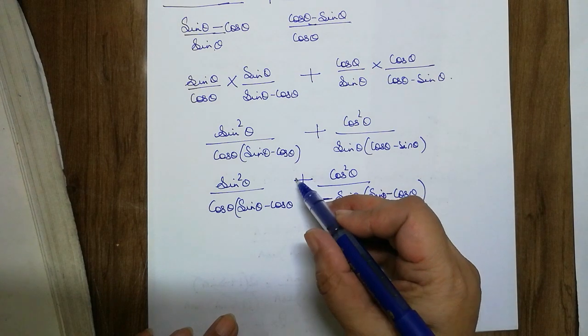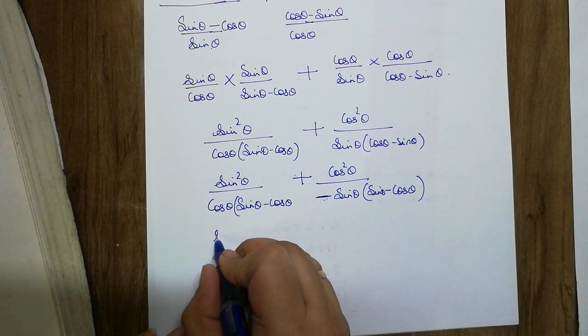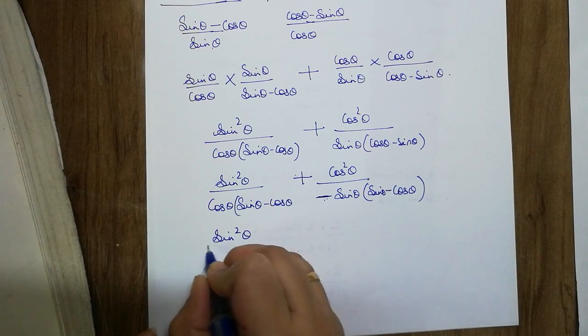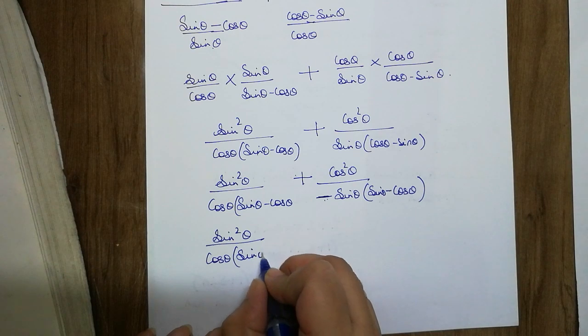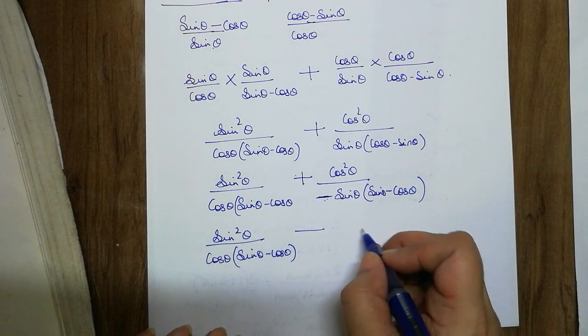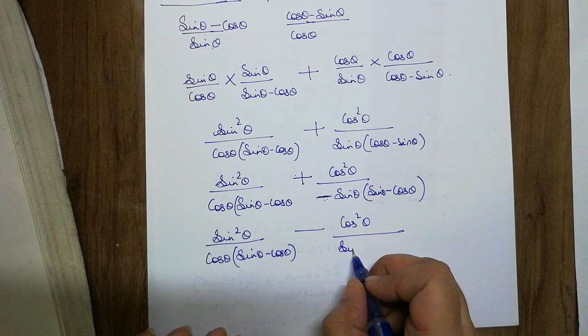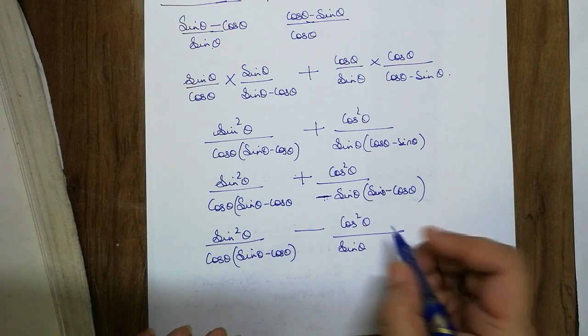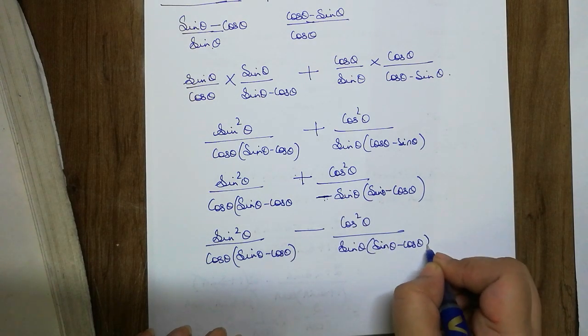Now what we will do is take this plus and minus, this sign will become minus: sine square theta cos theta into sin theta minus cos theta, minus, now this plus becomes minus, cos square theta, here sin theta, this minus has gone there, so sin theta minus cos theta.